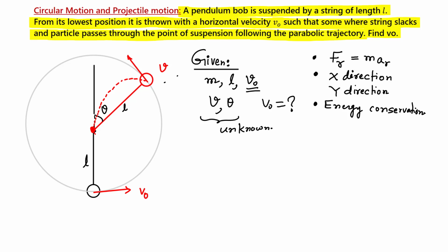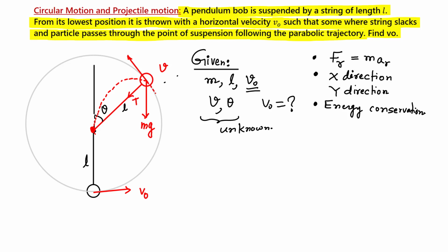Okay, let us solve this problem now. The first equation is the circular motion equation. What forces are acting? On this mass, mg acts in the downward direction, and tension acts in this direction.